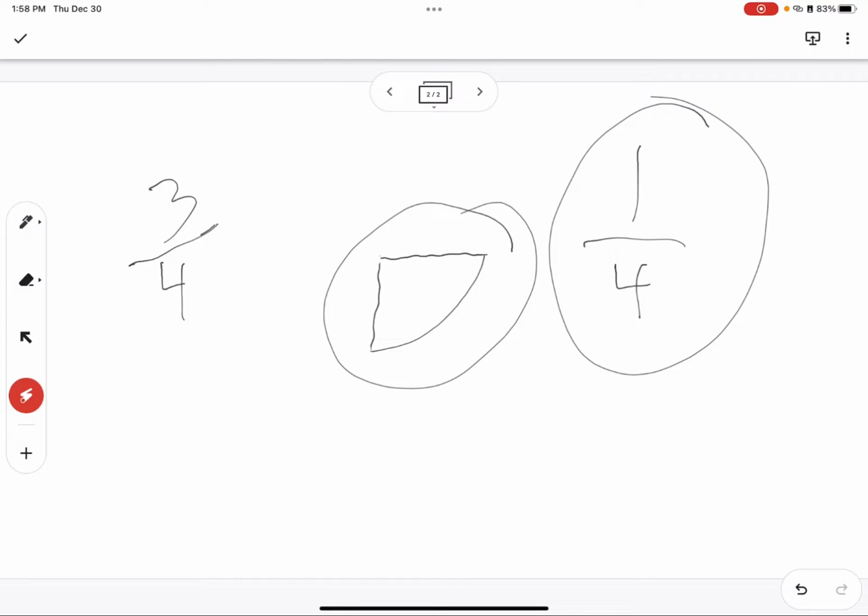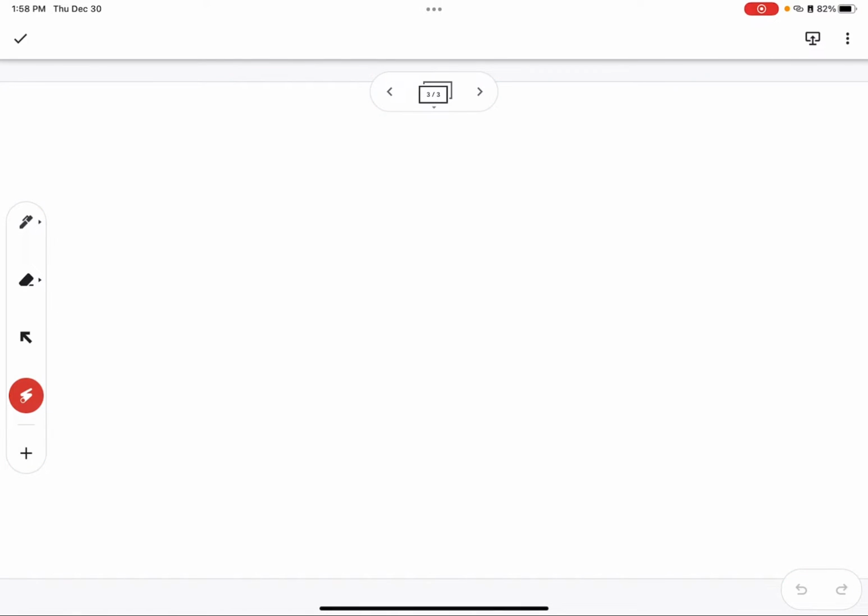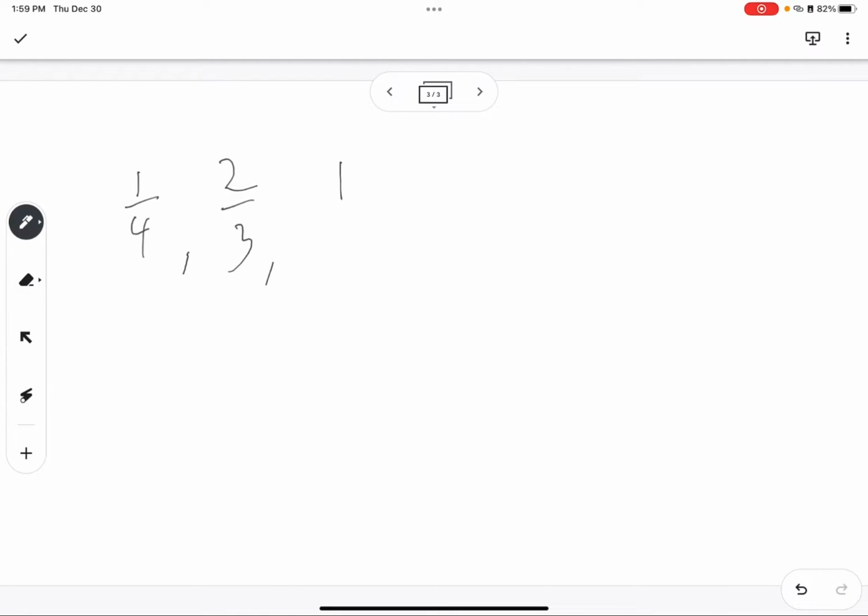So go ahead and on a piece of paper, I want you to write an object. You can do a square, you can do a circle, or you can do a number line. But I want you to draw those pictures for the following fractions: 1/4, 2/3, 1/2, 1/3, and 3/4.